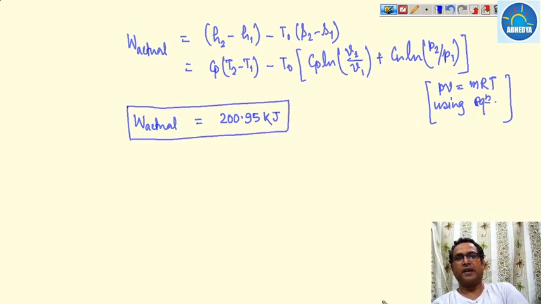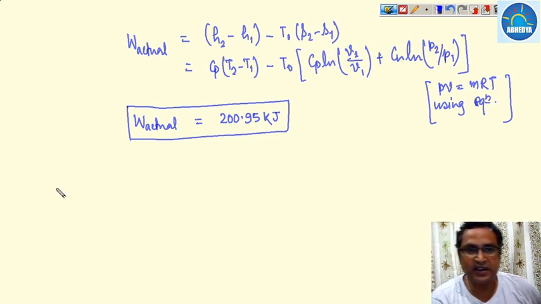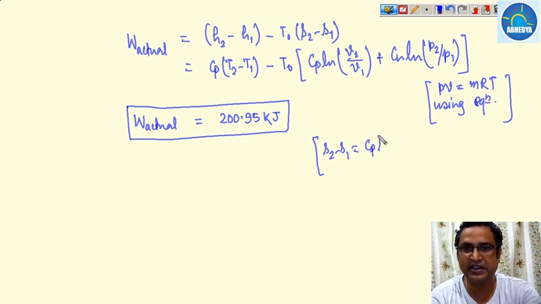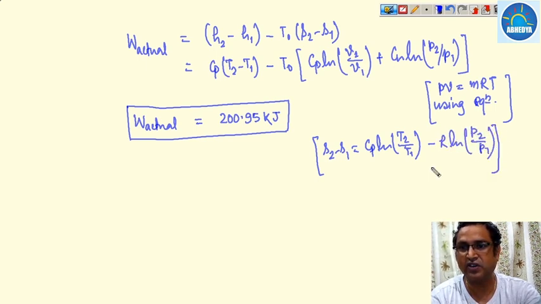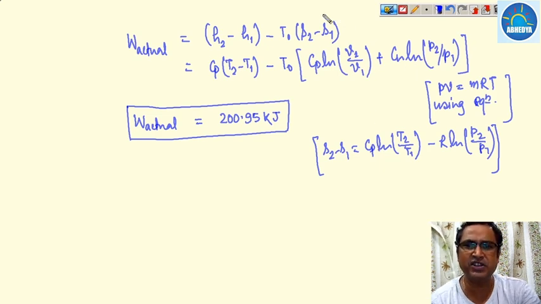Even for S2 minus S1 we can use another formula: S2 minus S1 is Cp ln T2 upon T1 minus R ln P2 upon P1. T2 and P2 we know, so you can use this formula, or you can use PV equal to mRT. By any means you can find the value of S2 minus S1.